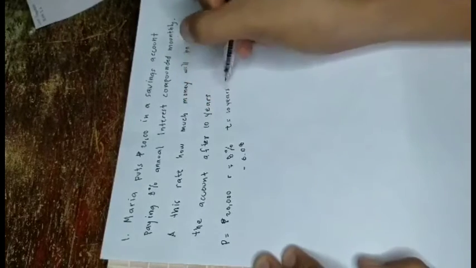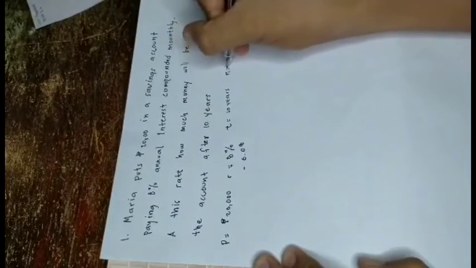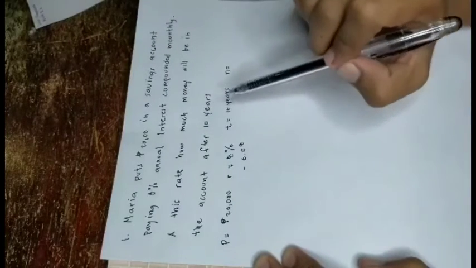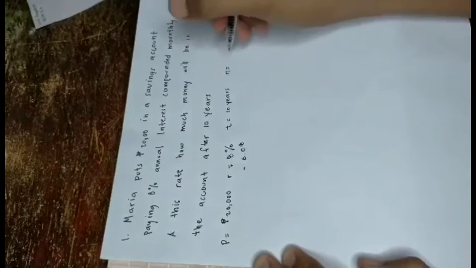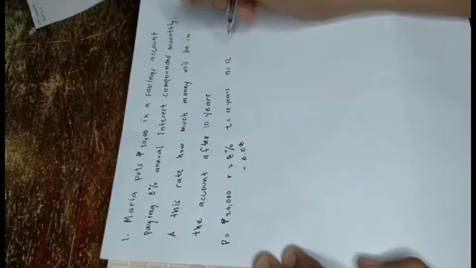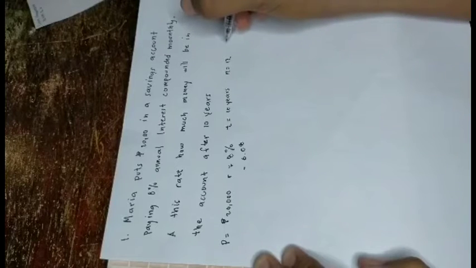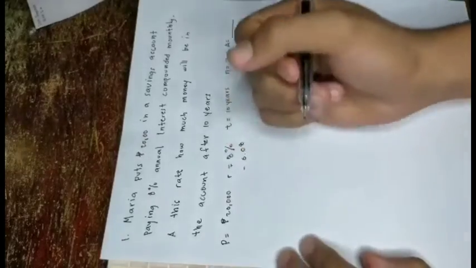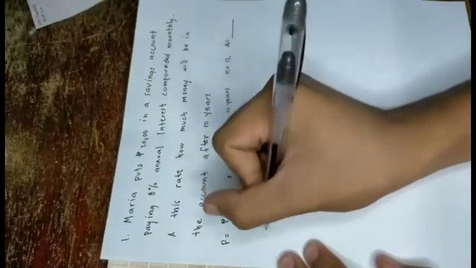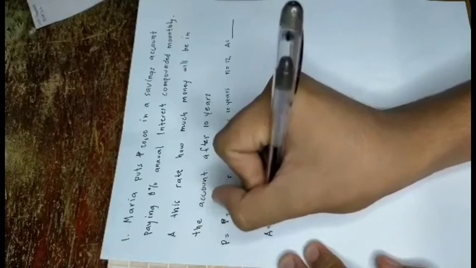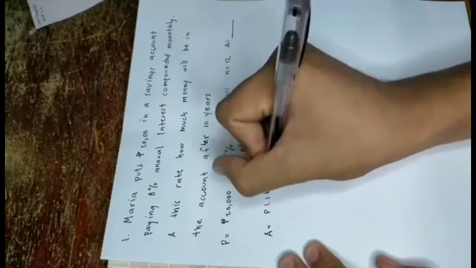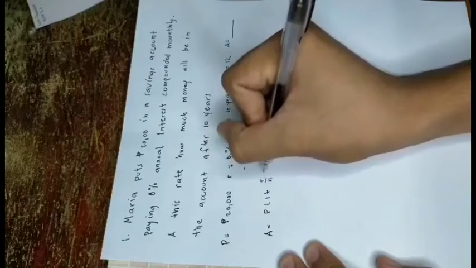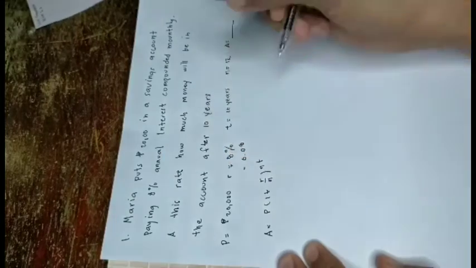And then N is the number of periods. So as you can see, compounded monthly, N is 12. Raised to NT.